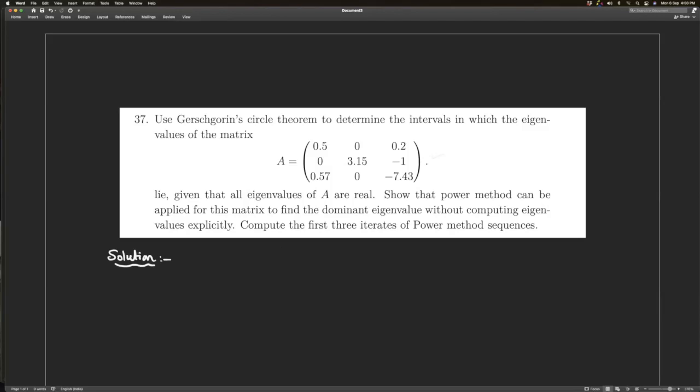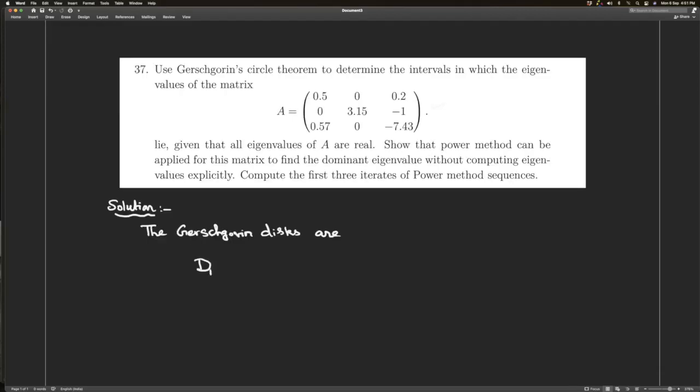We have to use the Gerschgorin circle theorem to find the intervals in which the eigenvalues lie. Let us first construct the Gerschgorin disks. D1, the first disk, is given by the set of all z in the complex plane such that |z minus the center| is less than or equal to the radius. The center is going to be the diagonal element.